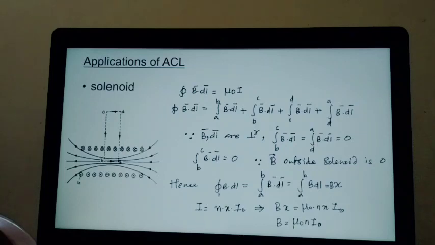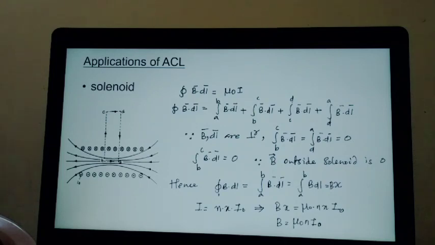So what will be the number of turns within that rectangular Amperian loop? That will be n into x. And each turn will carry I0 amount of current. So nx into I0 is the total current carried by the Amperian loop.